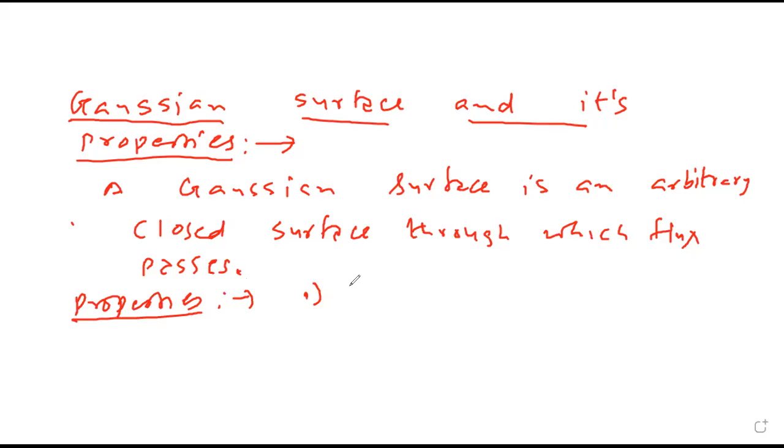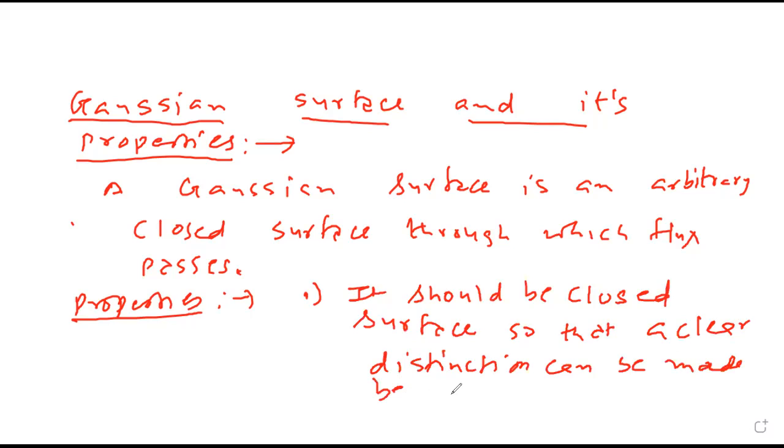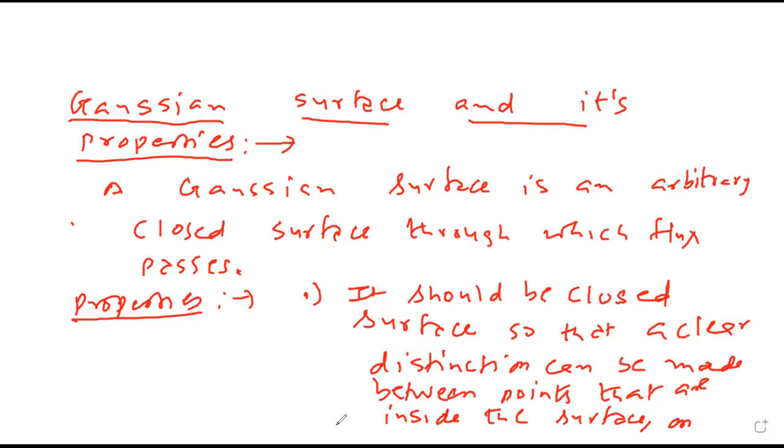First property, it should be closed surface, so that a clear distinction can be made between points that are inside the surface, on the surface, outside the surface.